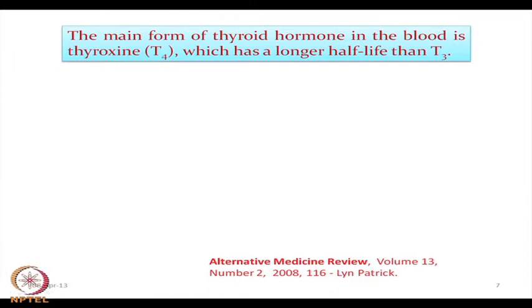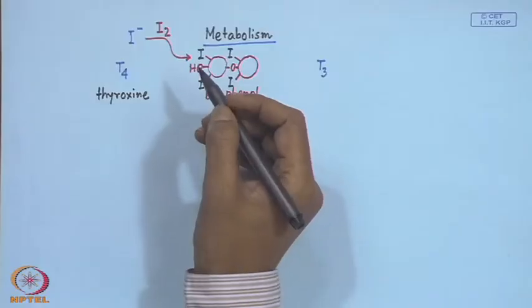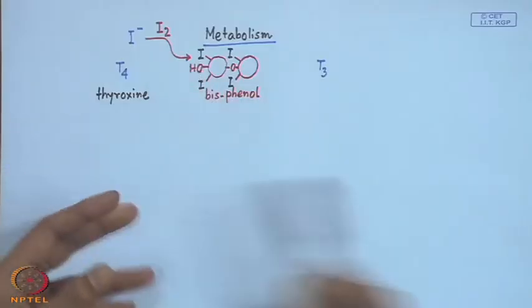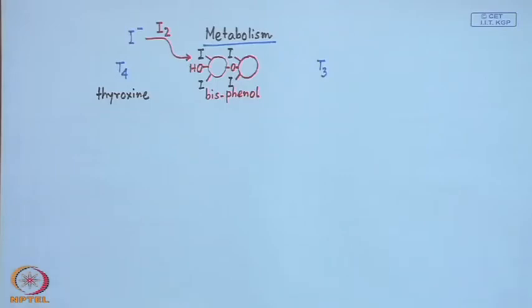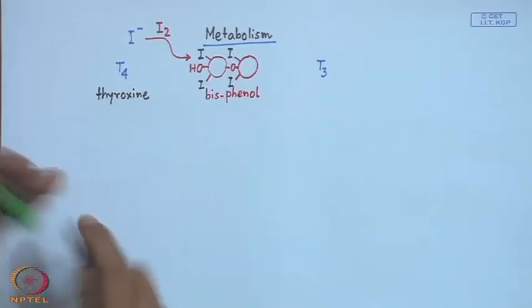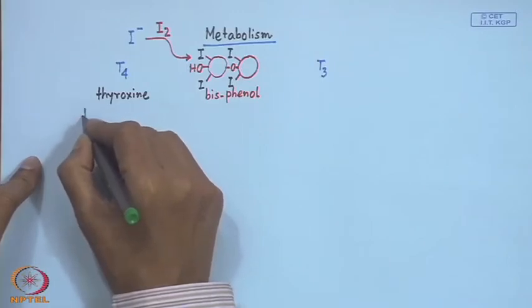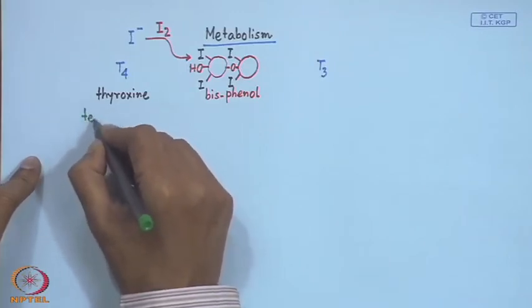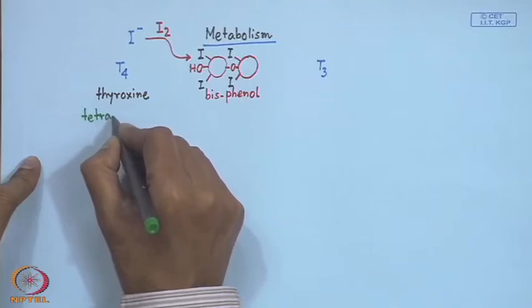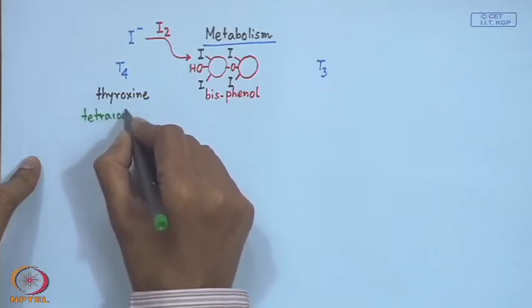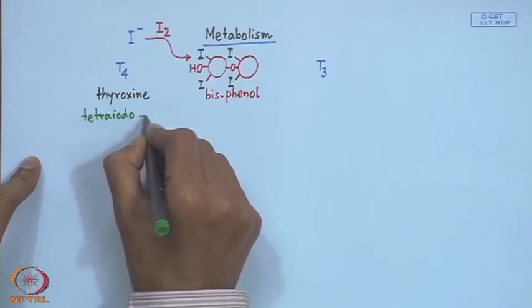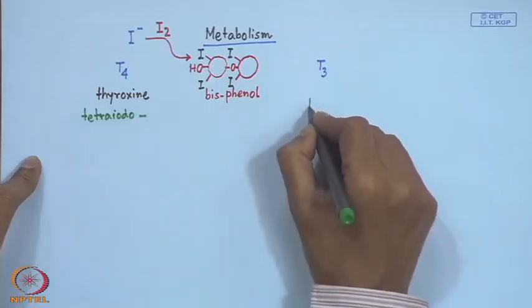When T4 forms in our system, we call it thyroxine. This is nothing but the tetraiodide derivative.